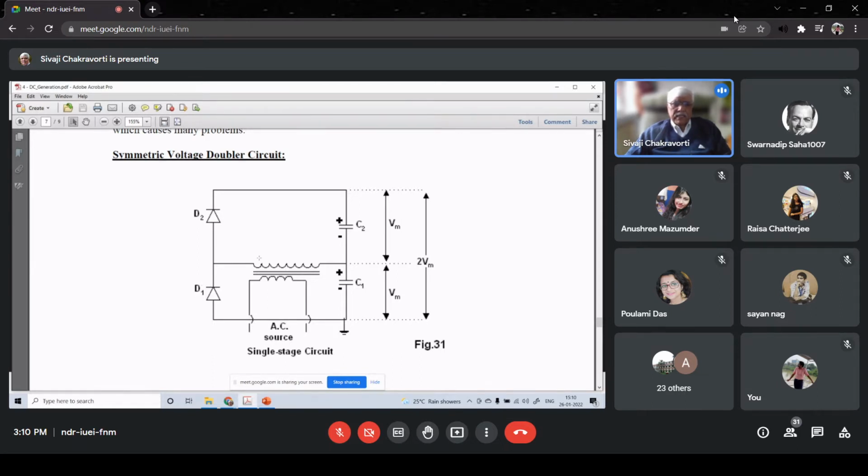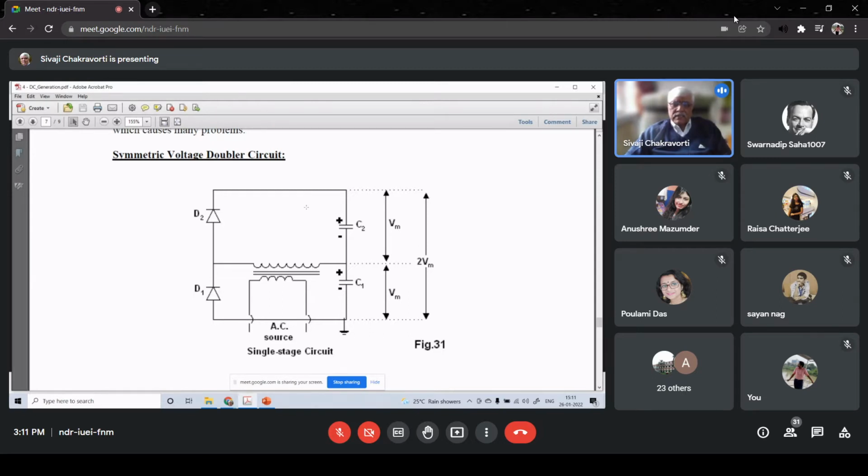Whereas when the left side of the transformer is positive and the right side of the secondary is negative, the diode D2 becomes forward biased. So then what happens? This C2 gets charged, and as the polarity is such that D2 is conducting, the upper plate of C2 will be positive, the lower plate will be negative. Now, this is so far as the polarity is concerned.